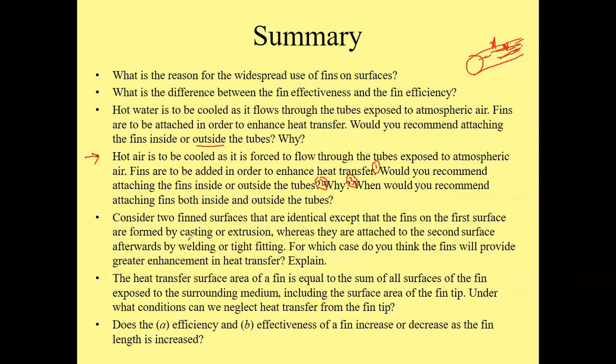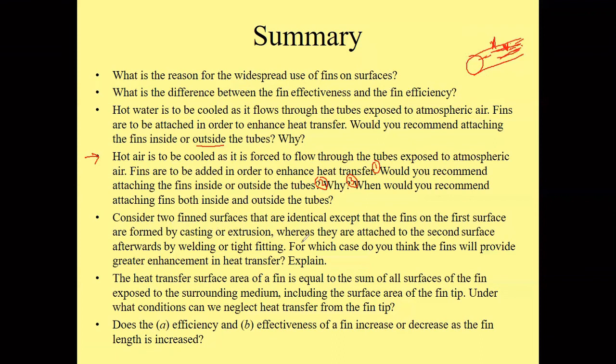So the first fin is being formed during the casting of the material, right? So you have a mold for this tube, actually together with the fin. So you already have fins embedded within the body of the surface.